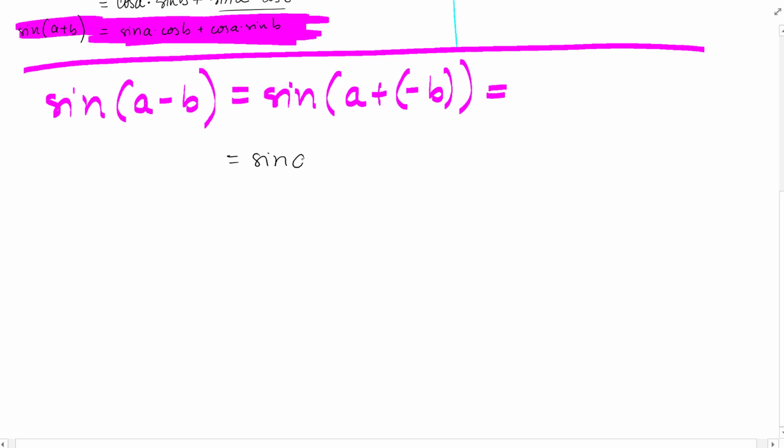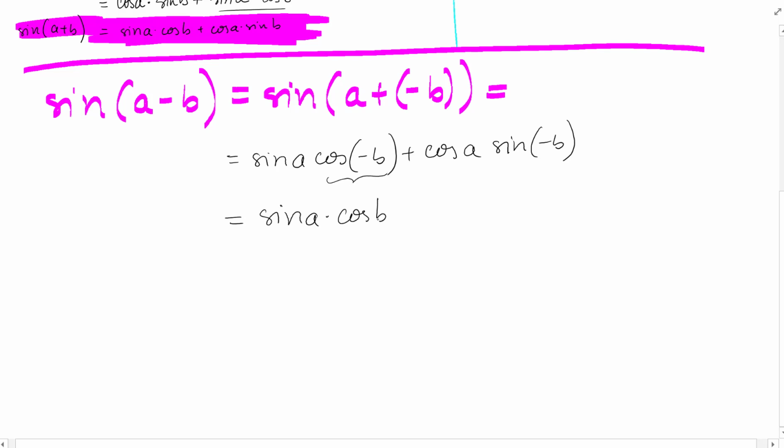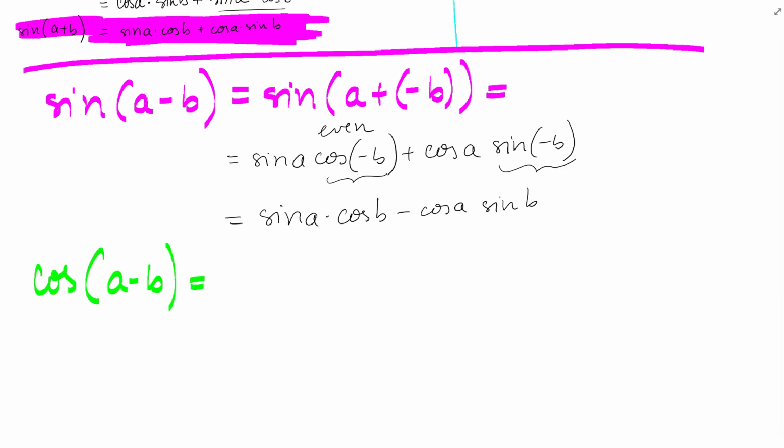And we're going to have sine A cosine negative B plus cosine A sine negative B. We know that cosine is an even function, so that means cosine of negative B is cosine B. And then we know that sine is an odd function, which means sine of negative B is negative sine of B. So that means minus cosine A sine B. And we proved sine of A minus B.